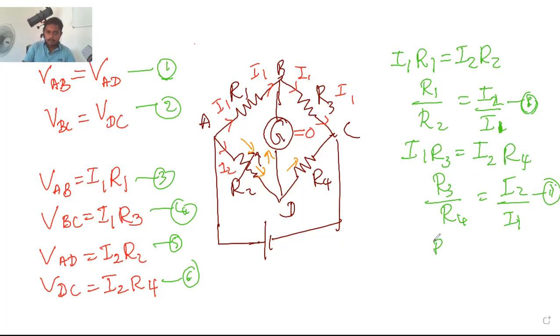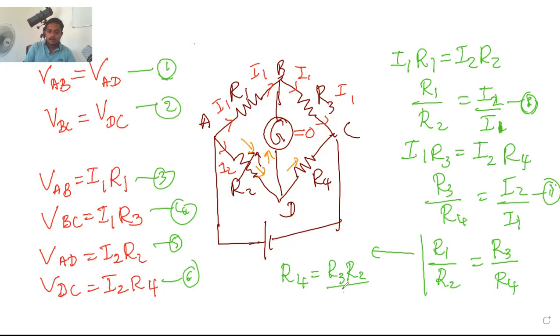So I can write R1 over R2 is equal to R3 over R4. They asked for an expression for R4, therefore we make R4 the subject. When I make R4 the subject, I get R4 equals R3 R2 over R1. This is the answer for this part.